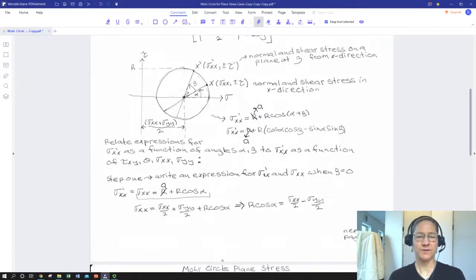So here's our center A, and this represents some body with some combination of normal stresses applied to the x and y faces and some tau xy applied to the x and y faces parallel to them. So we have our center, and we have a radius, and so we can plot a circle.